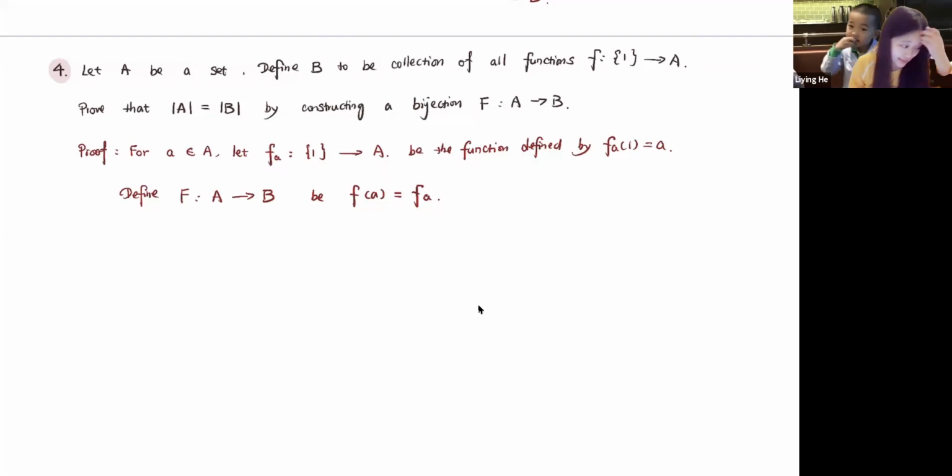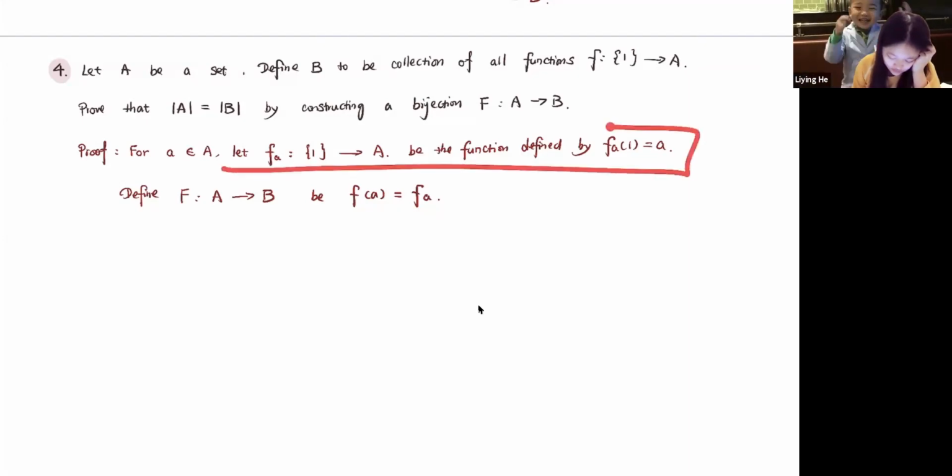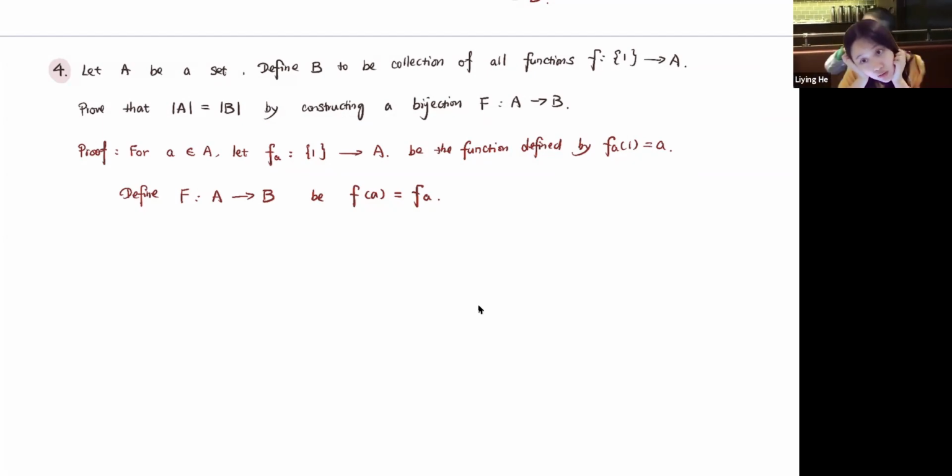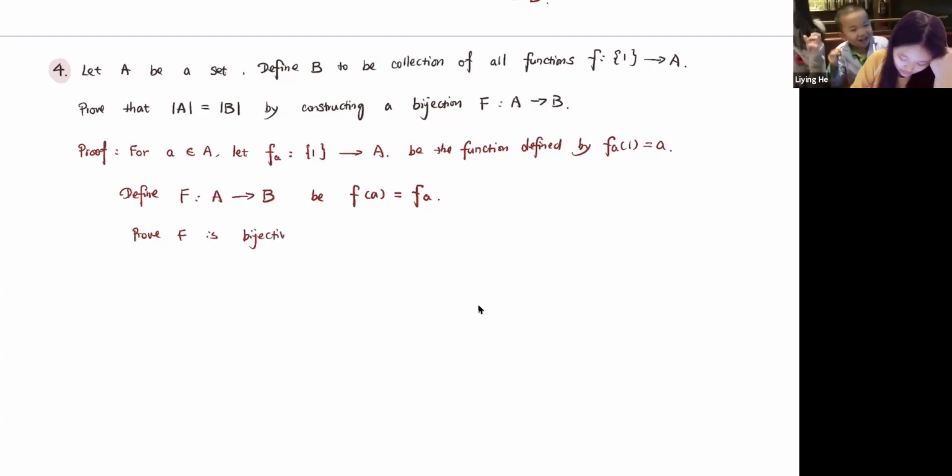So that's why we need to define this first, so that we can make this bijection. Okay, any question? And also you need to prove that this is a bijection. So then prove f is bijective, which I'll leave to you guys. So you prove that it's injective and surjective.